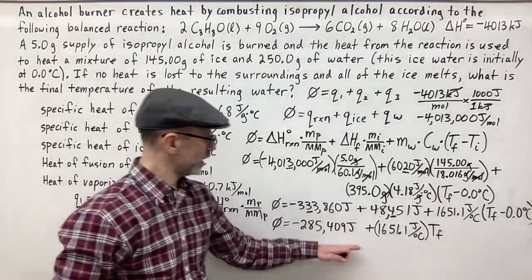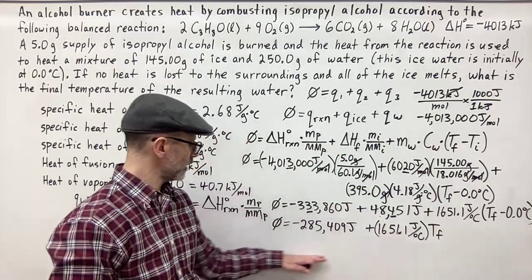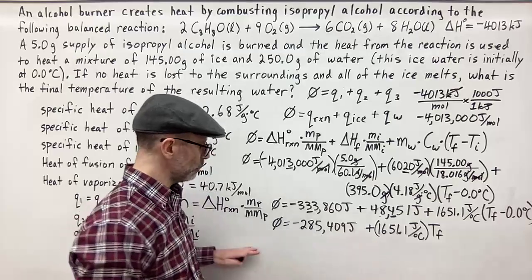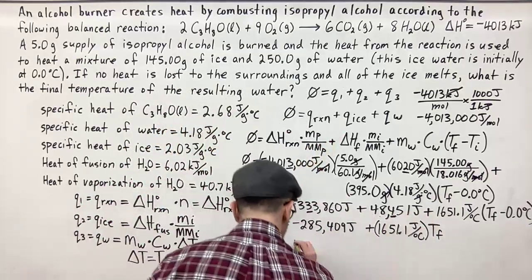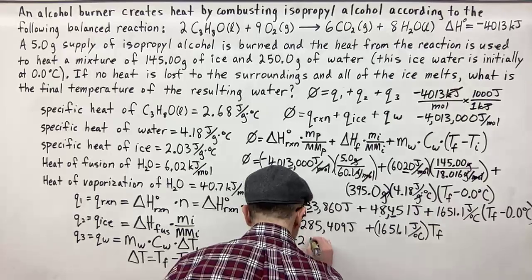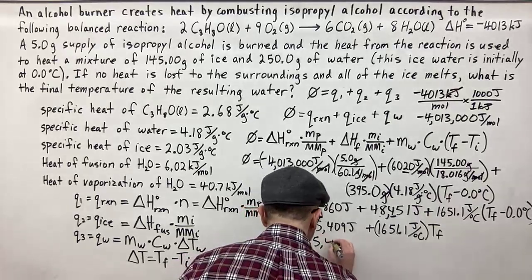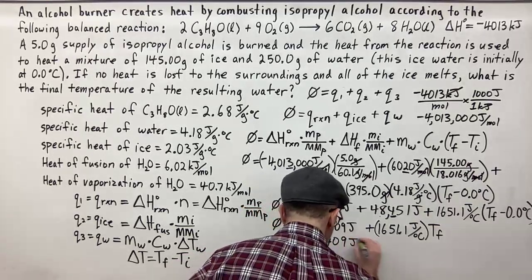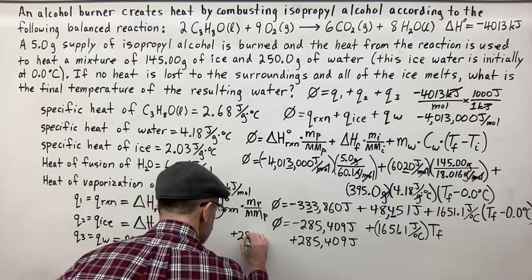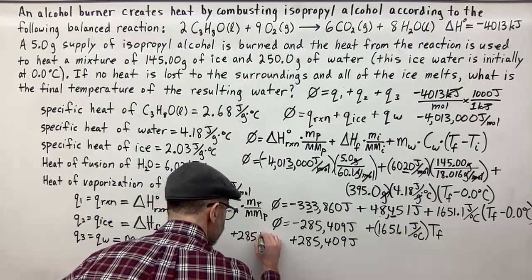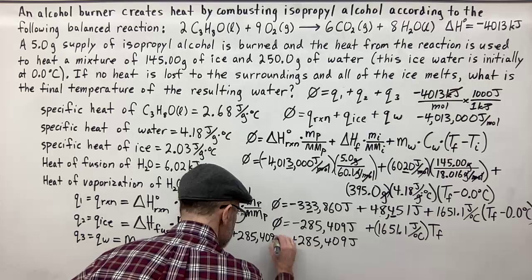So now notice here, now I can get the joules on this side, add joules to both sides, so I can get TF by itself. So let's do that. So I'm going to add 285,409 joules. And then I'm going to add it on this side too, plus 285,409 joules.